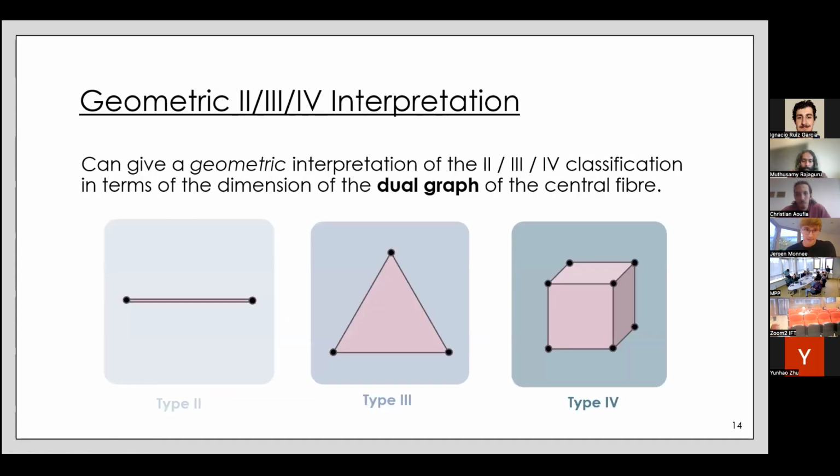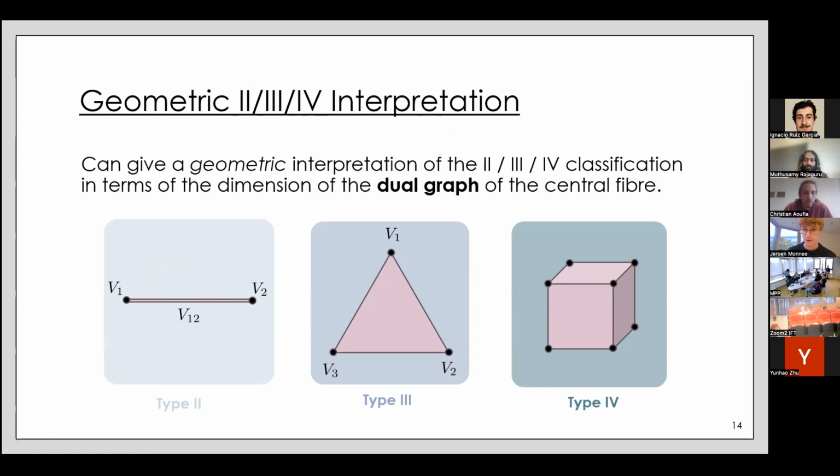So just as an aside, because I like it very much myself, in this way you can also give a geometric characterization of this 2-3-4 classification. And you can do that in terms of something called the dual graph of the central fiber. So how do you construct this? What you do is you assign to each component a vertex, and then when two vertices intersect, you connect them by an edge.